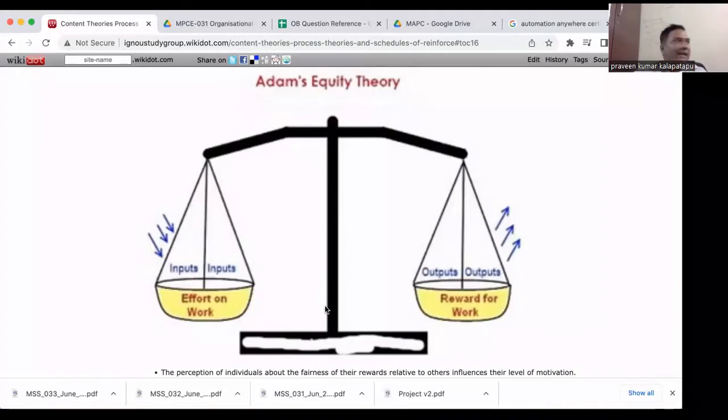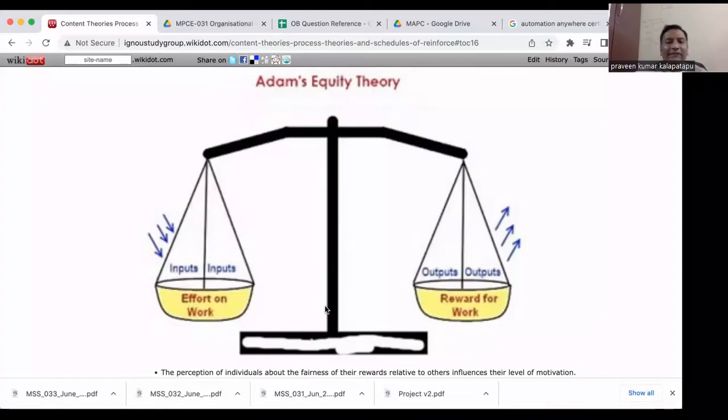How I will judge is, I will see my friend. He is doing the same job. He is doing it for 8 hours and he is getting 1 lakh salary. After seeing this, I will come to the conclusion that, boss, I am putting in so much effort, I am not getting the output. If my friend, instead of 12 hours, puts in 14 hours and gets only 40,000, lesser than me, then I'll feel happy.